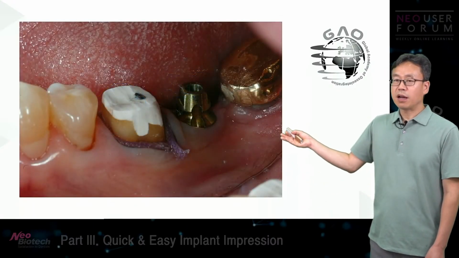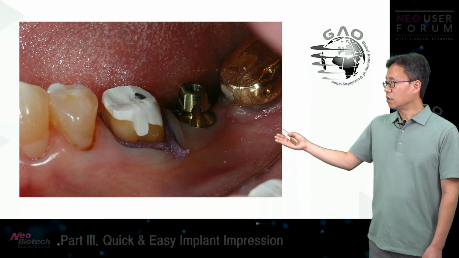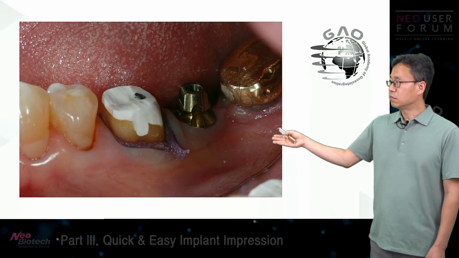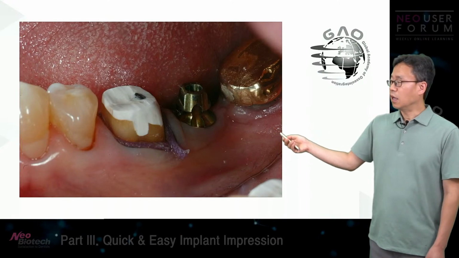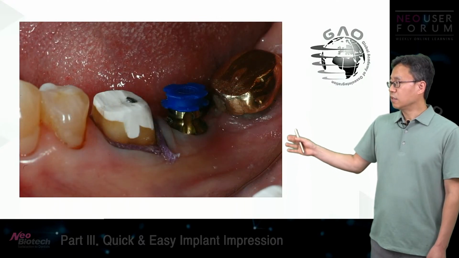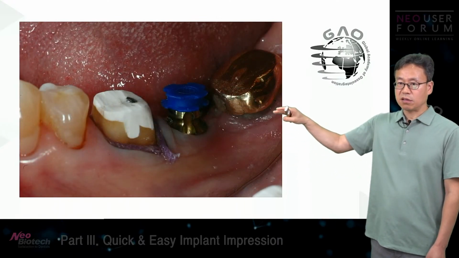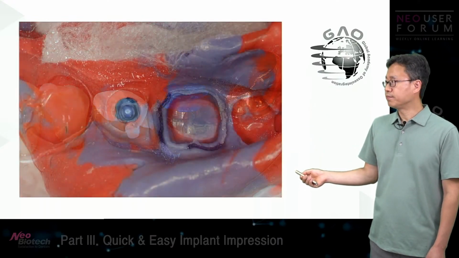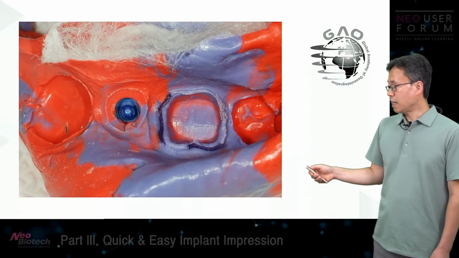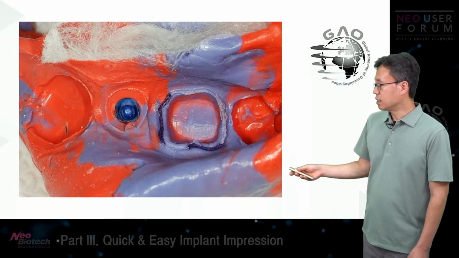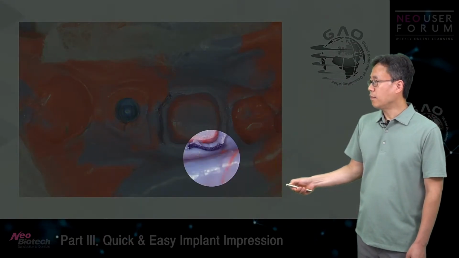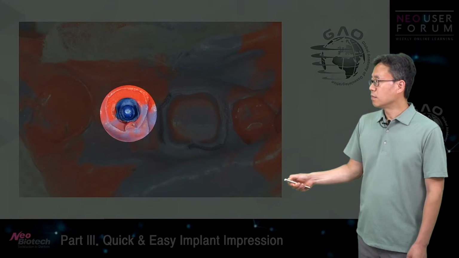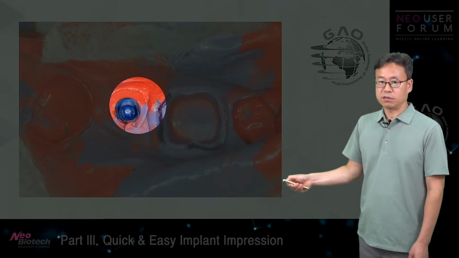The impression body is connected onto the implant, and then the plastic cap is placed on top of that, and it's now ready for impression. And inside the impression, you can see this plastic cap picked up by the impression.